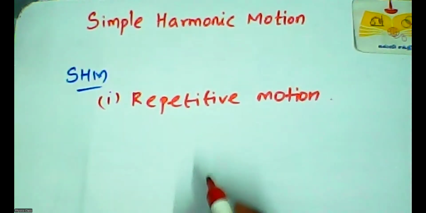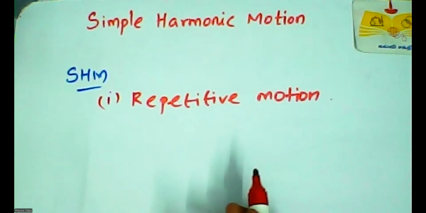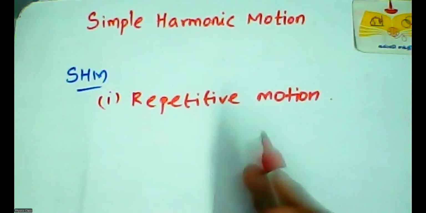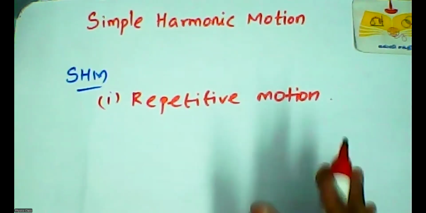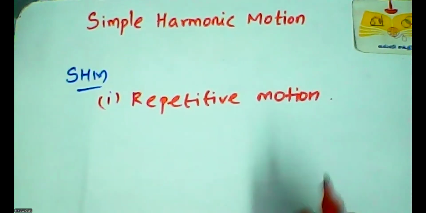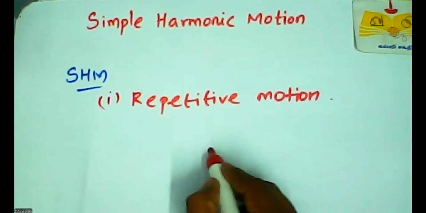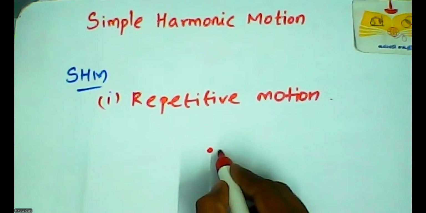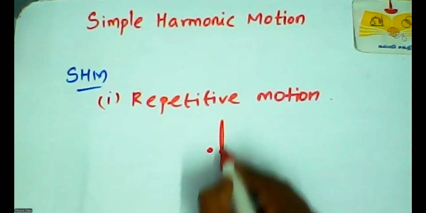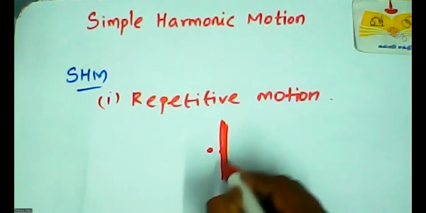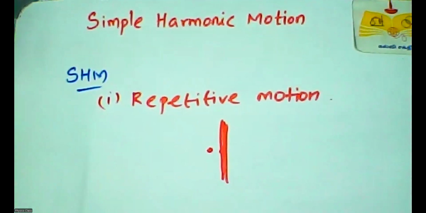That means the object moves back and forth repeatedly around a central point, called the equilibrium position. Suppose this is the equilibrium position, the object moves back and forth repeatedly after an interval of time. So repetitive motion is a key characteristic of simple harmonic motion.